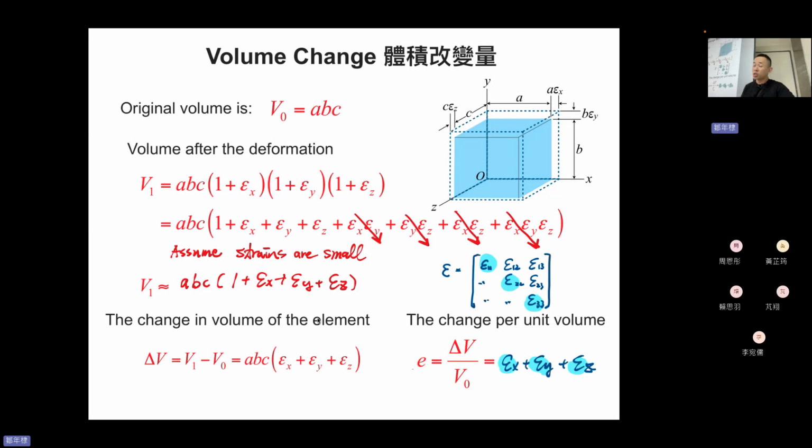Typically in the normal situation, they are symmetric. Okay, they are symmetric.